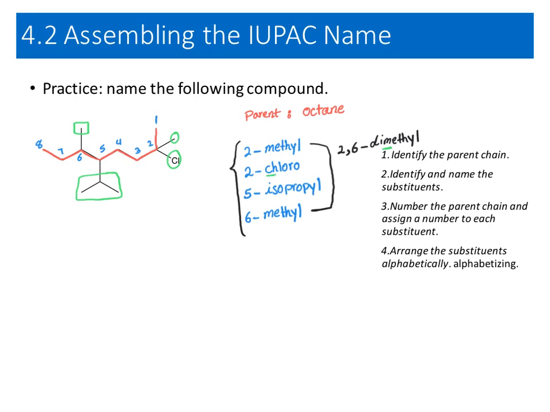For chloro, I look at the letter C. For isopropyl, I look at I. Therefore, the name is going to be 2-chloro, dash, to separate each substituent we use a dash, 5-isopropyl, dash, 2,6-dimethyl.